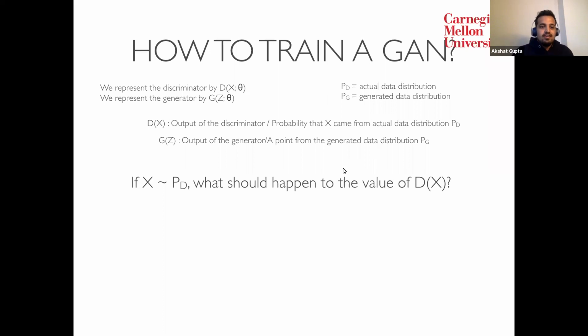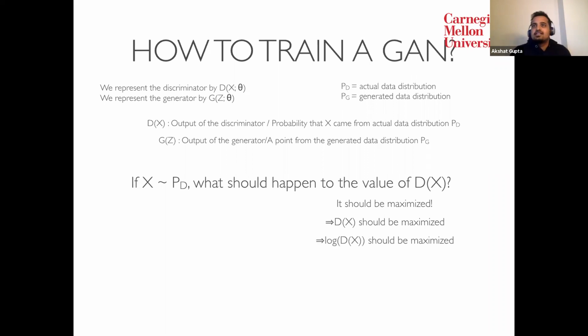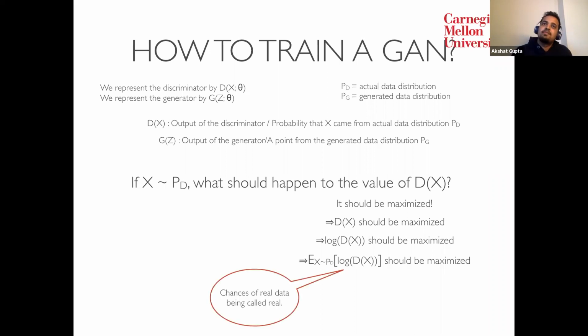Yeah, I'm reading answers in the chat saying it should ideally be 1. So basically what we're saying is that the discriminator should train such that for a point x coming from the actual data distribution, D(x) should be maximized, which also means that log of D(x) should be maximized, which also means that the expectation of log of D(x) for a point x that comes from the actual data distribution should be maximized.